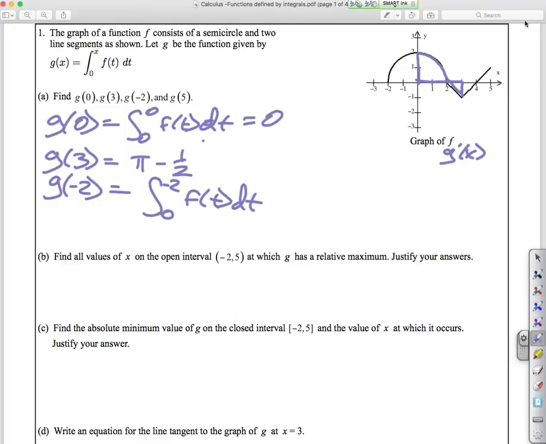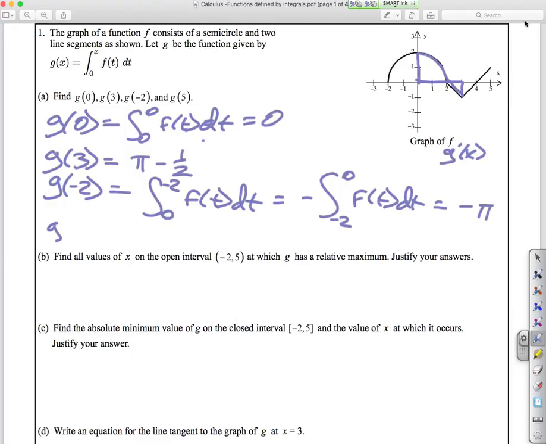Flip it. Make it negative. So negative integral from -2 to 0 of f of t dt. We should know already that that's equal to pi. So that means we get negative pi out of that.